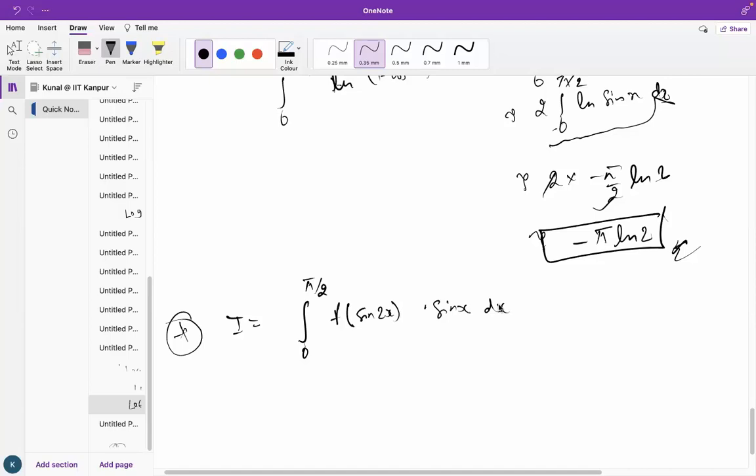Look, how to approach this problem is one thing, and after solving this question, we read some property which is important for today's lecture. So this is the problem that we have to solve. Our given integrand is from 0 to pi by 2, and there is a function which we don't know, but sine of 2x is written inside, into sine x dx.